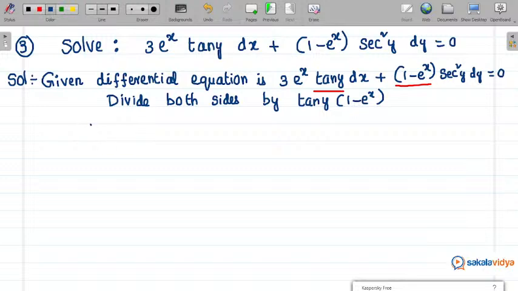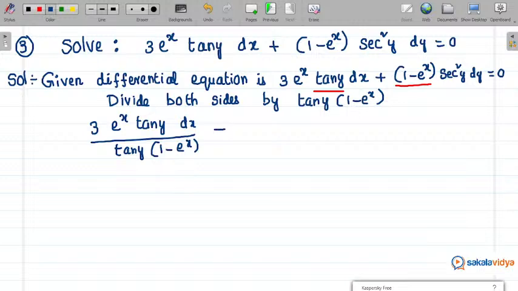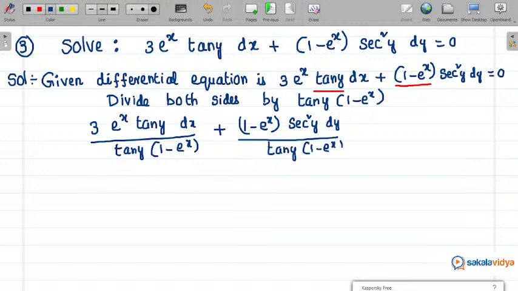See, then what do we get now? 3 e power x tan y dx divided by tan y into 1 minus e power x plus 1 minus e power x into secant square y dy upon tan y into 1 minus e power x is equal to 0 by tan y into 1 minus e power x, 0 by something is 0.